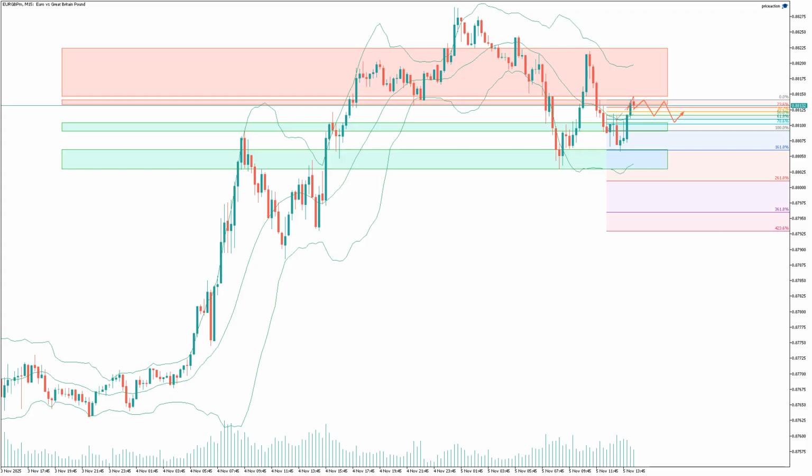The EURGBP is currently navigating a complex price landscape, exhibiting a characteristic zigzag pattern that suggests a potential tug-of-war between bullish and bearish forces. The Fibonacci retracement levels, with the lower boundary at 0.88091 and the upper at 0.88141, indicate that price 0.88126 is comfortably within the established trading range, suggesting an immediate pivot.